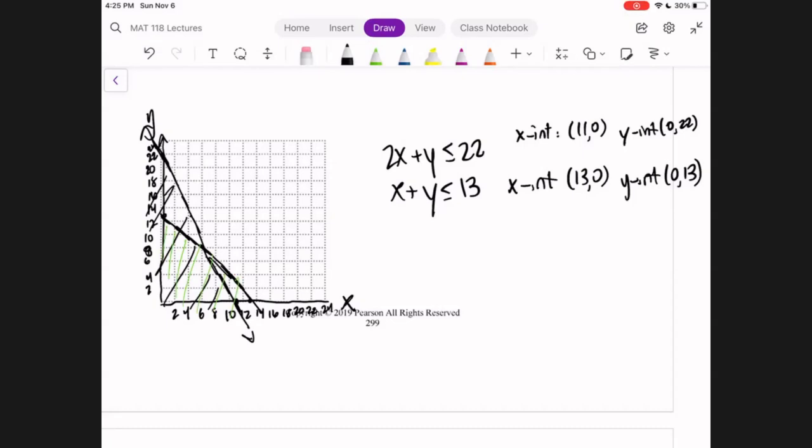And then the next one was 2x plus 5y is less than or equal to 50. So for this, the x-intercept is 25, 0, and then the y-intercept is 0, 10. So as you see, graphing these by hand can be a little tricky sometimes, and how they intersect.